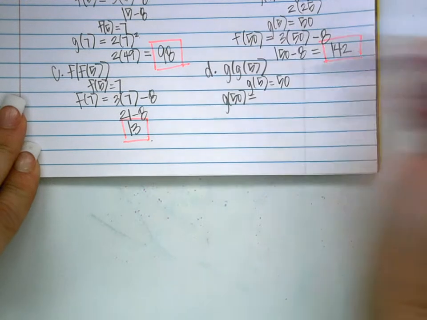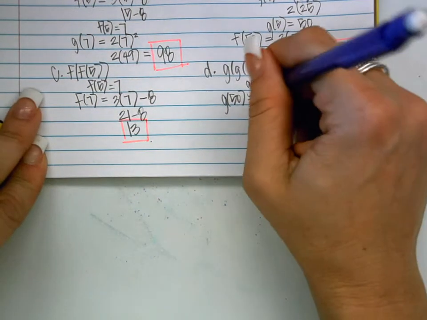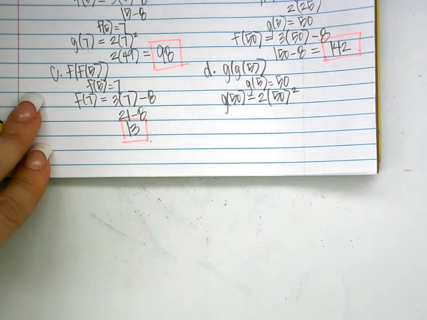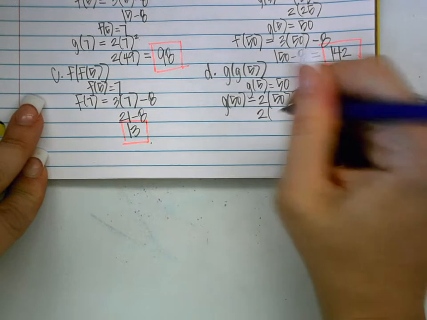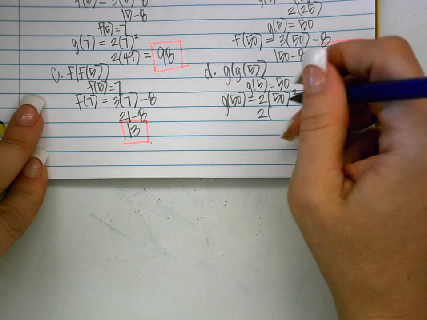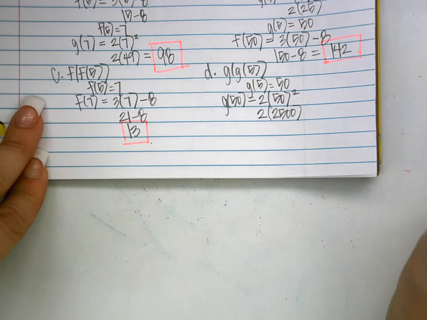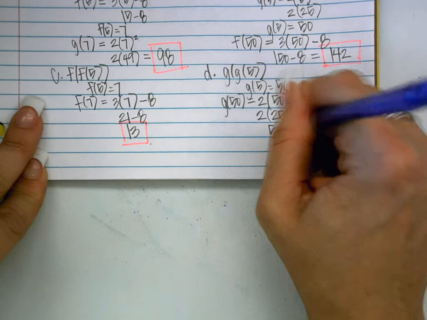G of 50, you plug into the g equation, making sure you're plugging into the right one, is 2 times 50 squared. Order of operations says I do the square part first, so what's 50 squared? 2,500. And 2 times 2,500 gives you 5,000. That's your answer.